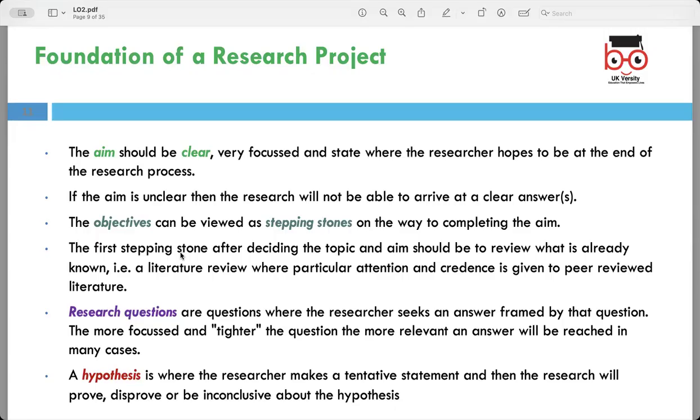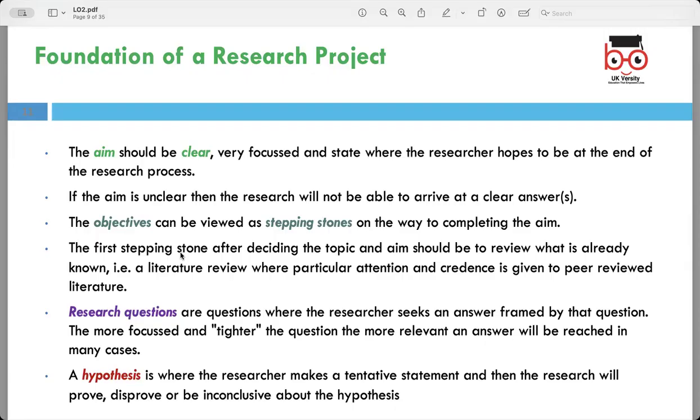If your aim is unclear, your research may feel confusing and your results won't be meaningful. Once you have got your aim, the next step is to build objectives. Think of them as small steps that help you reach your final goal.